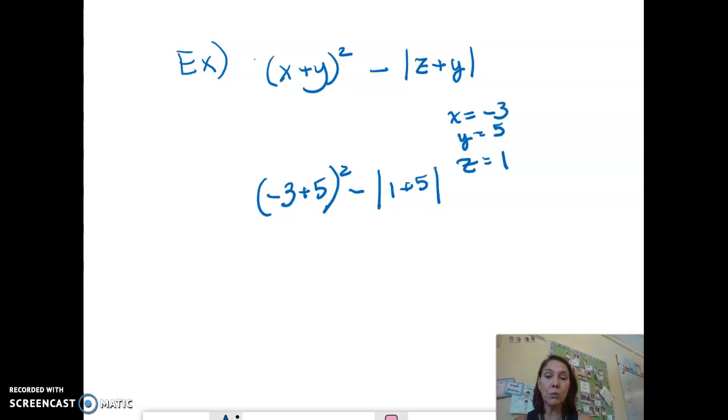Now if you're given this problem, order of operations says go straight to the parentheses first, so this is going to be a 6, minus, I can go ahead and do this, negative 3 plus 5 is 2, so I'm going to write that down just to show my work, 2 squared, and that's still in parentheses. It doesn't matter because it's positive, but let's just show it. So then 2 squared is 4, minus the absolute value of 6 is 6, and then 4 minus 6 is negative 2.